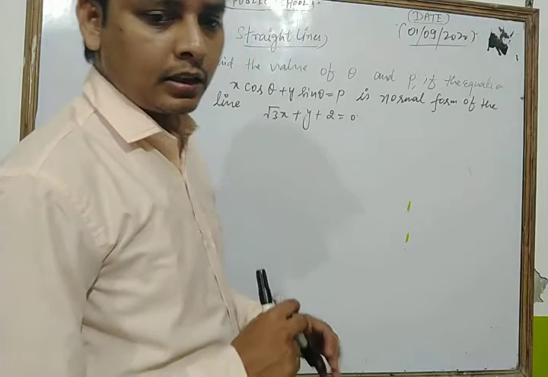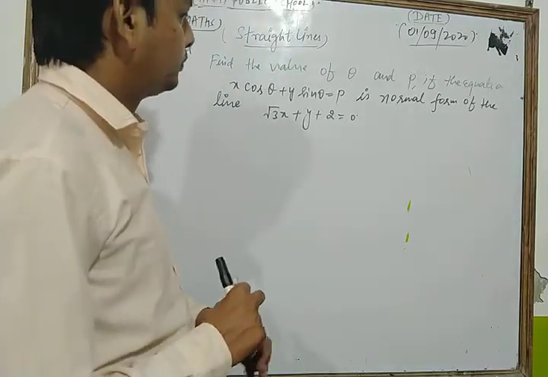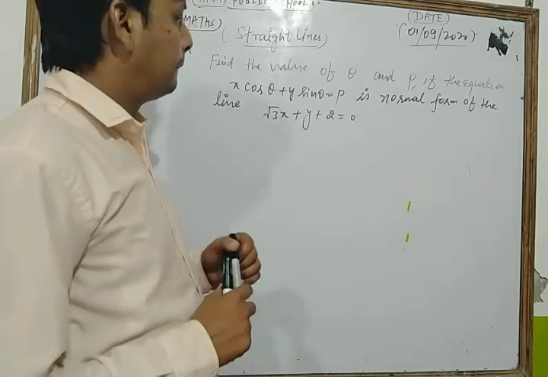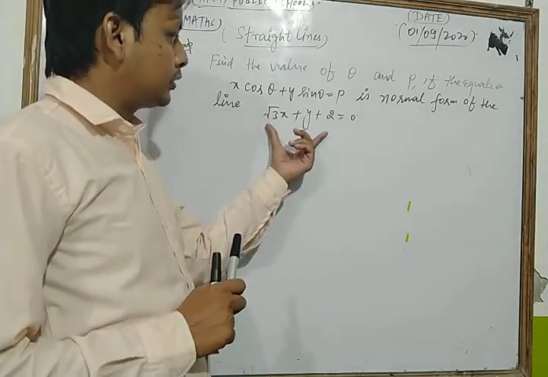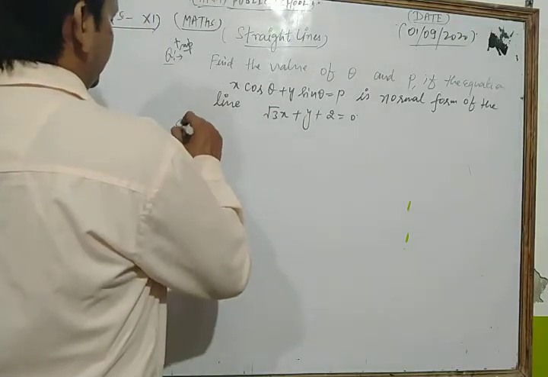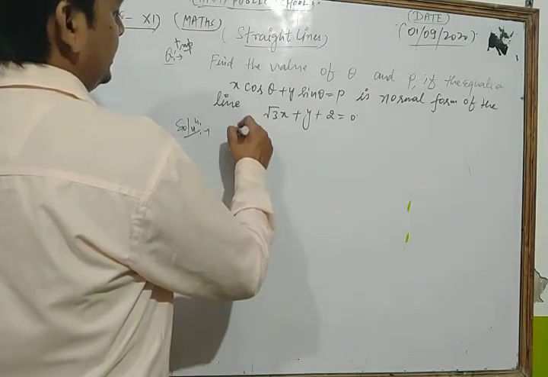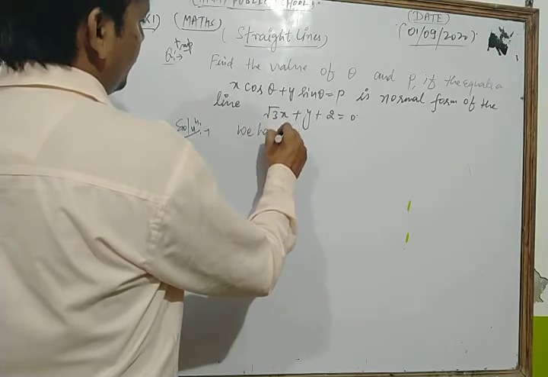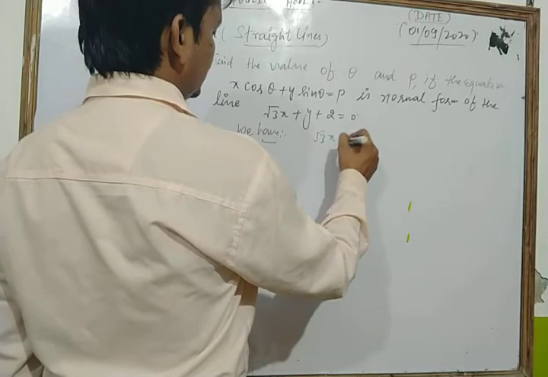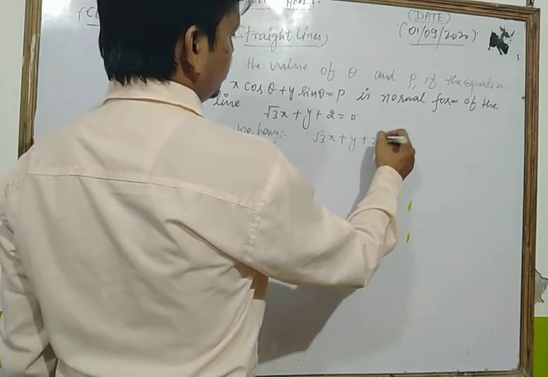Now look, first of all, dear student, we make that equation in the form of that. Let's see its solution. We have root 3x plus y plus 2 is equal to 0.